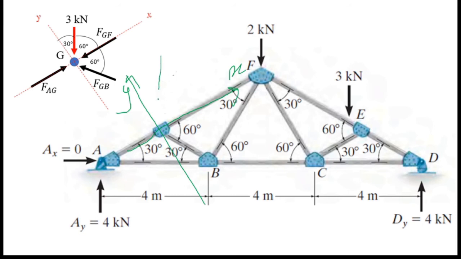So if I draw a line here, I showed you how I got 60 degree here. Since this is a right angle and this is 60 degree, I can say this is a 30 degree angle. So that's how I find the angles of this problem.